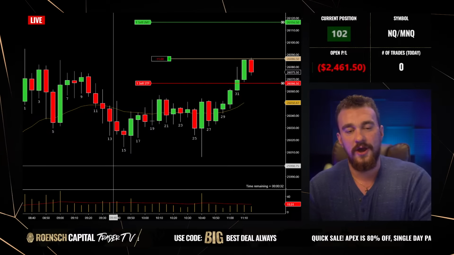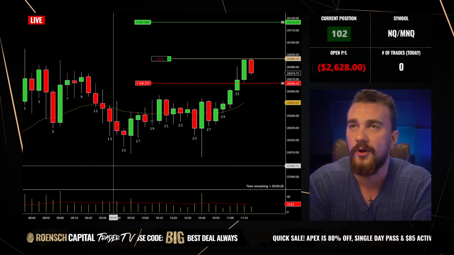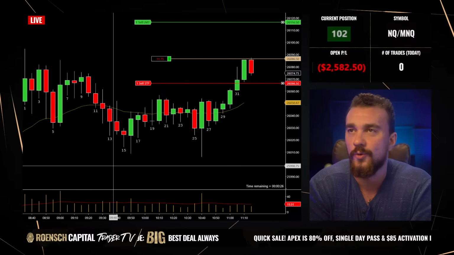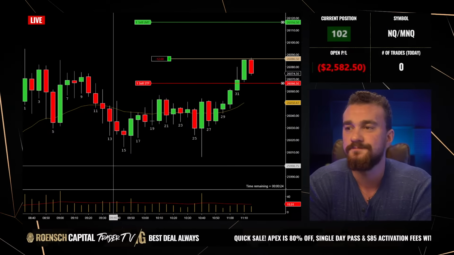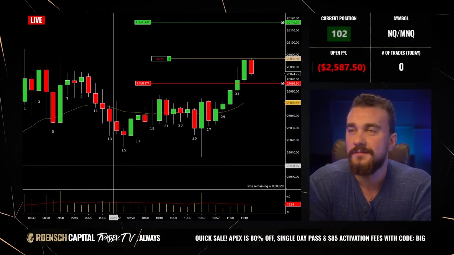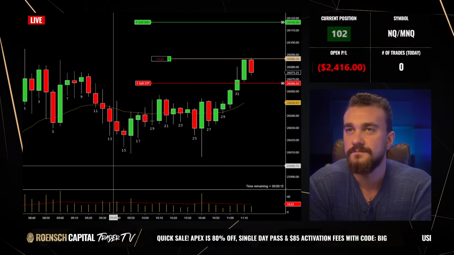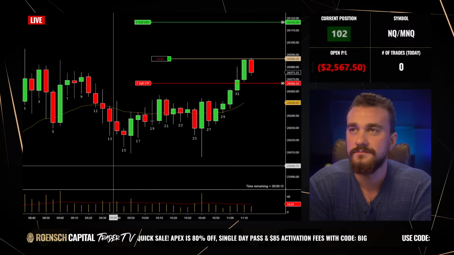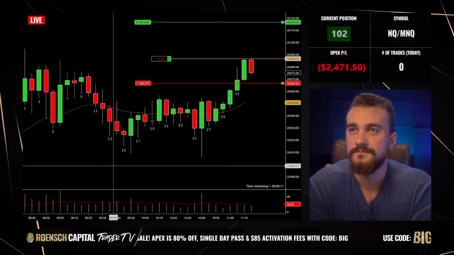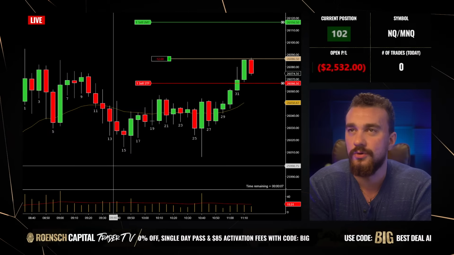35 seconds left. You're on bar 33, which is the first 5-minute bar of this trade. Of course, 32 being the signal body. And here comes the rollover.